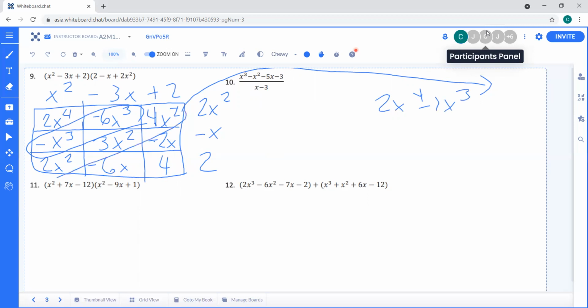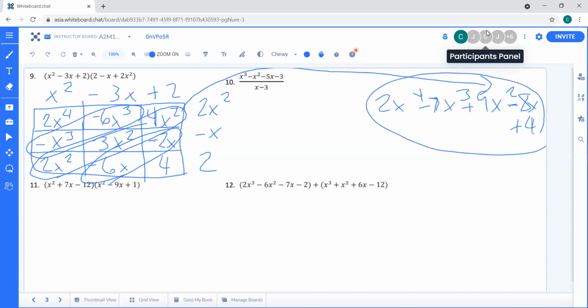When I combine like terms for x squared, that's a positive 9x squared. Should leave with a negative 8x and 4 plus 4. So there's that answer.